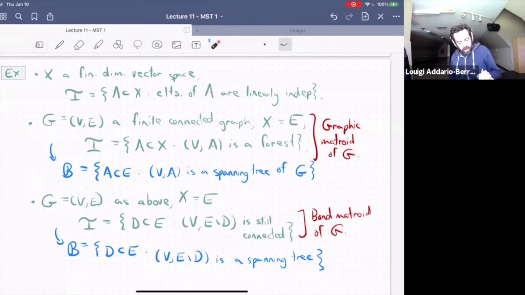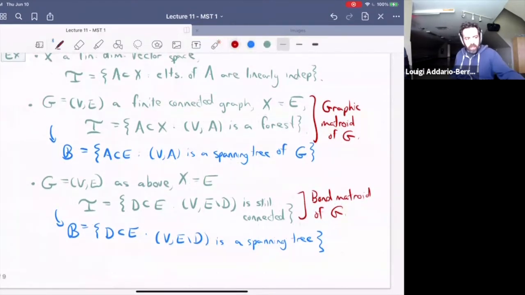Here the independent sets are the edge sets of spanning trees, and here the independent sets are just the complements of the edge sets of spanning trees. Okay, so this is called the dual matroid. This bond matroid is the dual matroid of the graphic matroid.